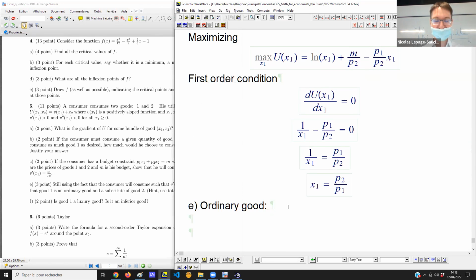So ordinary good is when the elasticity is smaller than zero. So when the price goes up, the quantity consumed goes down.